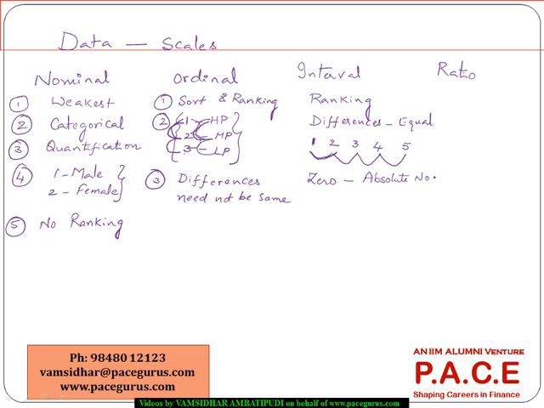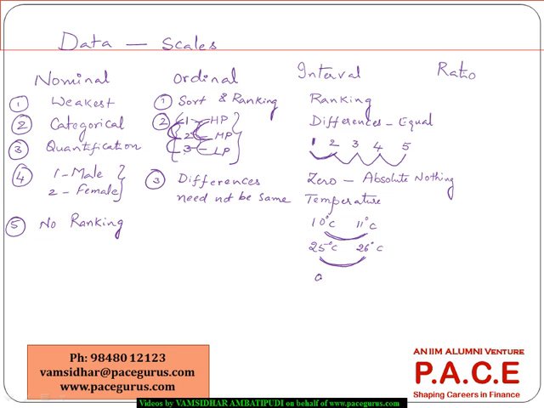The best example to consider in this case is temperature. When I talk about 10 degrees C versus 11 degrees C, the difference is 1 degree. Similarly, 25 degrees C to 26 degrees C is also 1 degree. So the difference in temperature is the same.